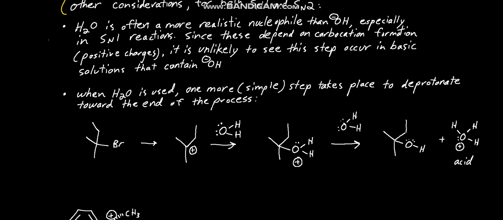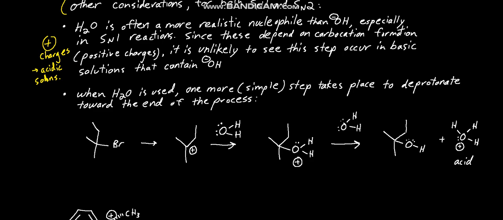Plus charges are favored in acidic solutions. So it's really unlikely that an OH minus nucleophile is going to be hanging around waiting for that plus charge to form and then going and bonding directly like I showed above. So water is much more likely. In fact, water in aqueous acid is the most likely.